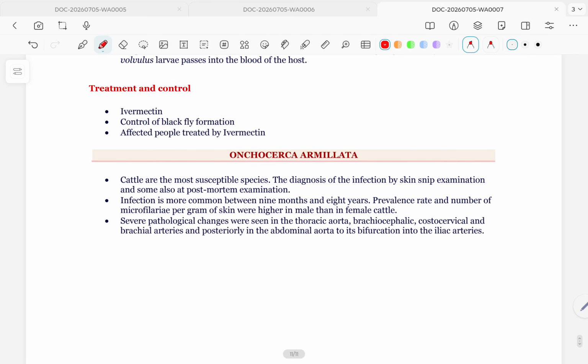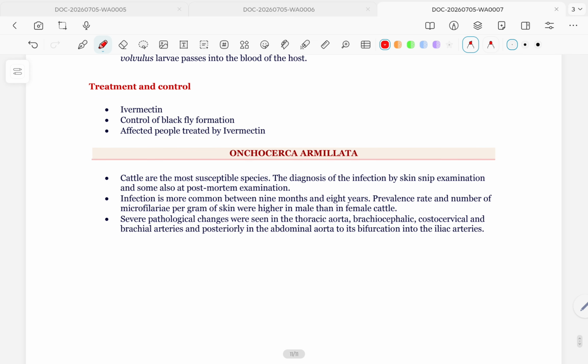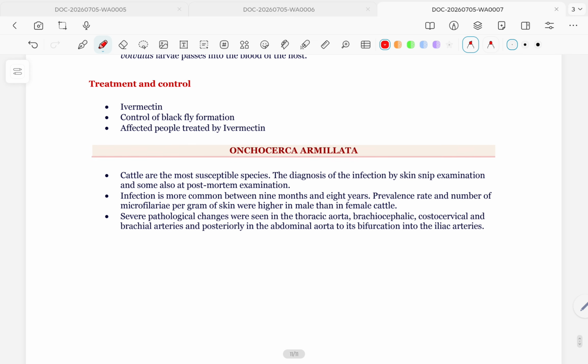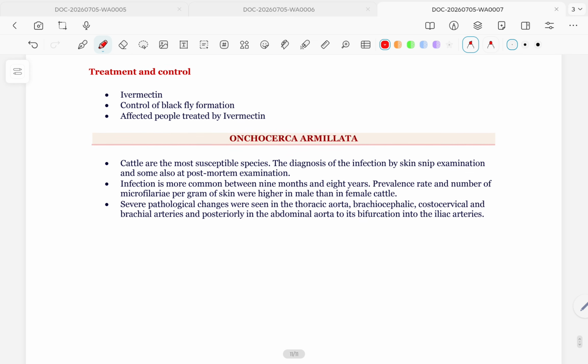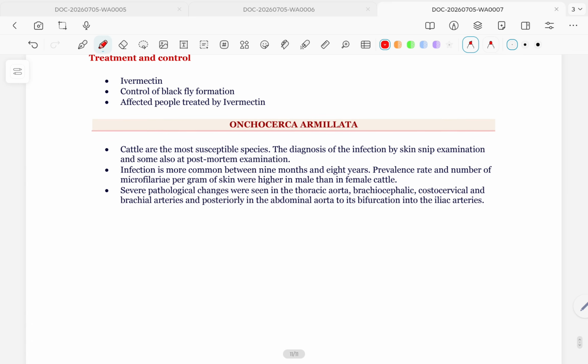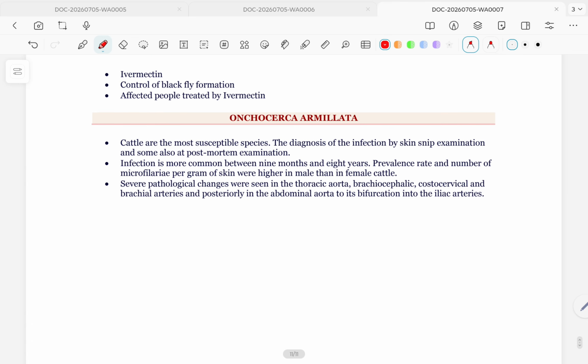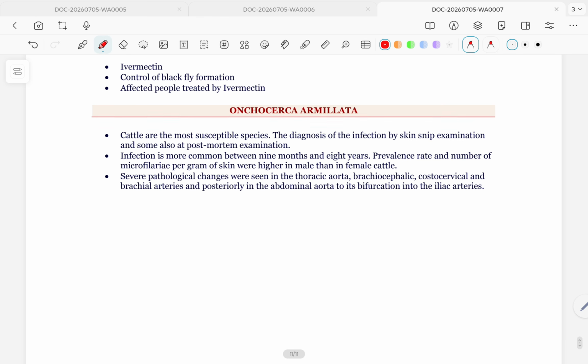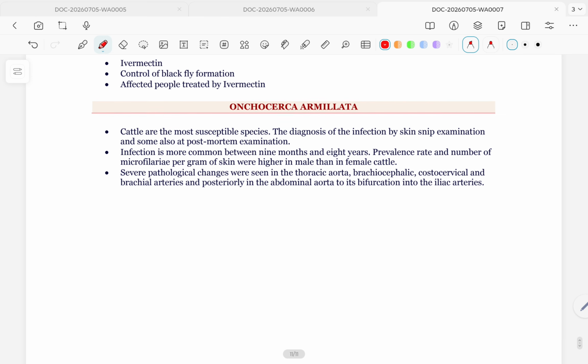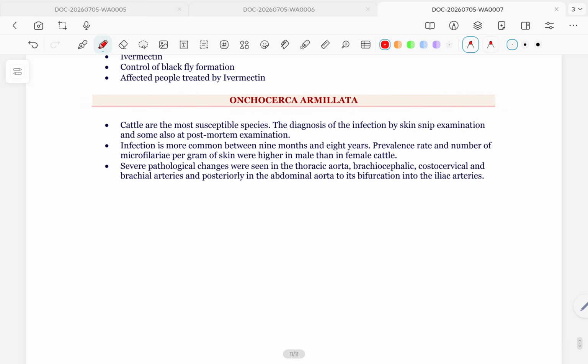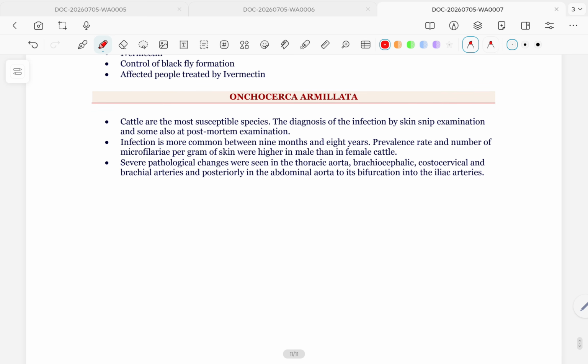Onchocerca armillata. Cattle are the most susceptible species. The diagnosis of the infection is by skin snip examination, and some also at post-mortem examination. Infection is more common between 9 months and 8 years.